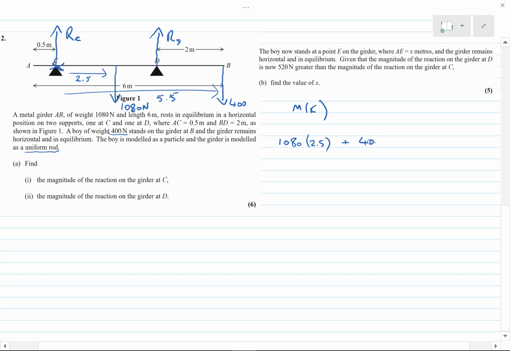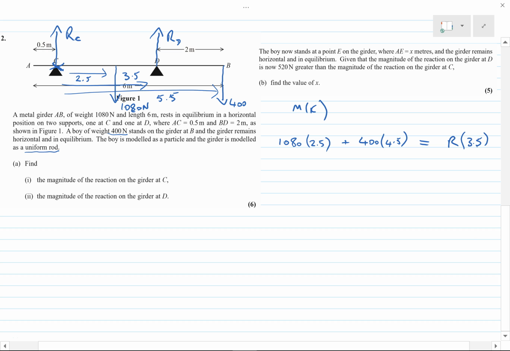To be consistent with how I'm setting out, that's equal to RD. That distance from there to there is 3.5, because it's 6 minus 2 minus 0.5, so that's 3.5.